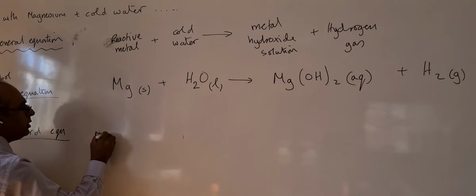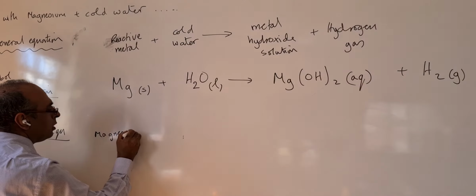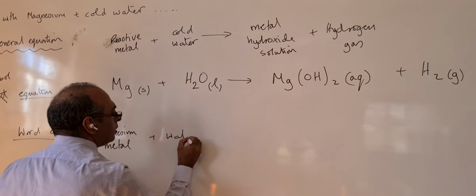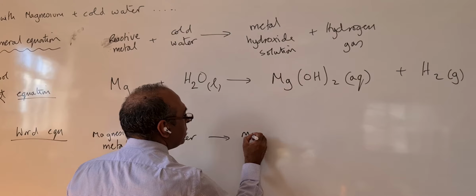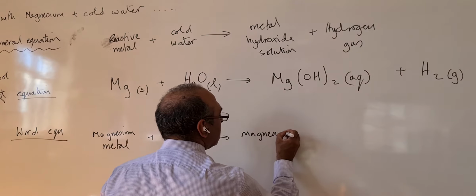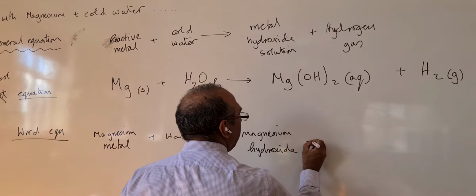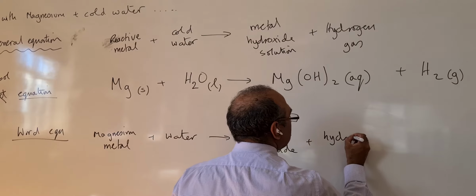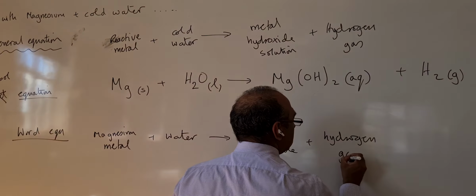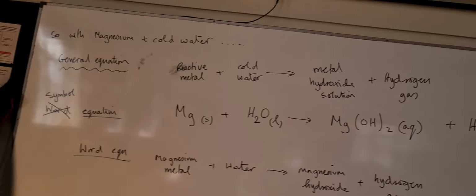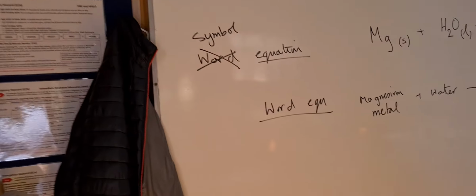The word equation would be magnesium, metal, plus water makes magnesium hydroxide and hydrogen gas. So that now is the word equation.